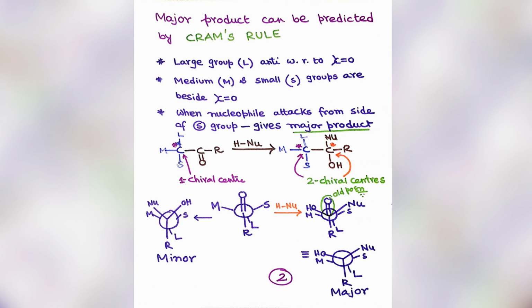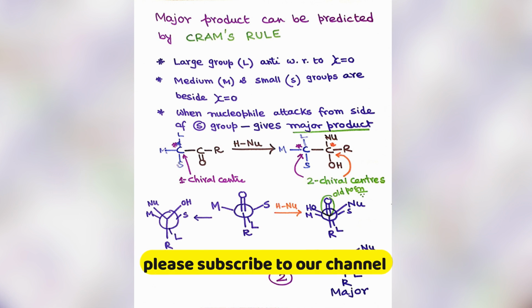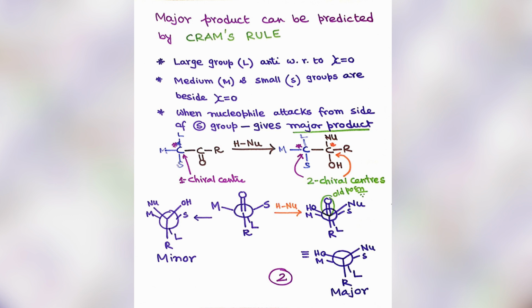Now the molecule we have to write in Newman projection style, projecting along the C=O and the chiral center, so that C=O and the large group of the chiral center are anti. In that case, the C=O will be in between the medium size group and the small size group.